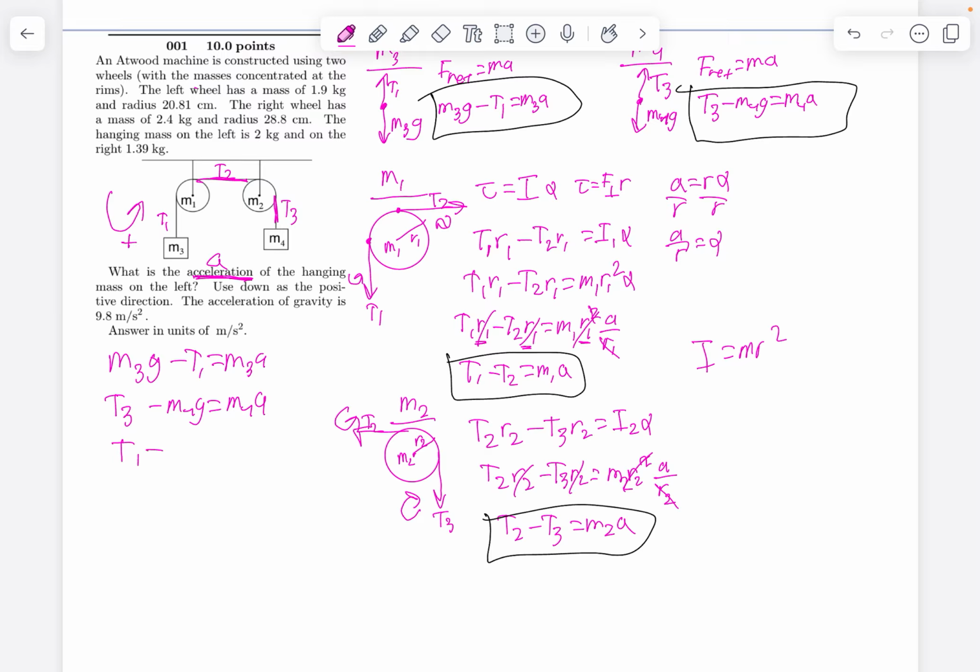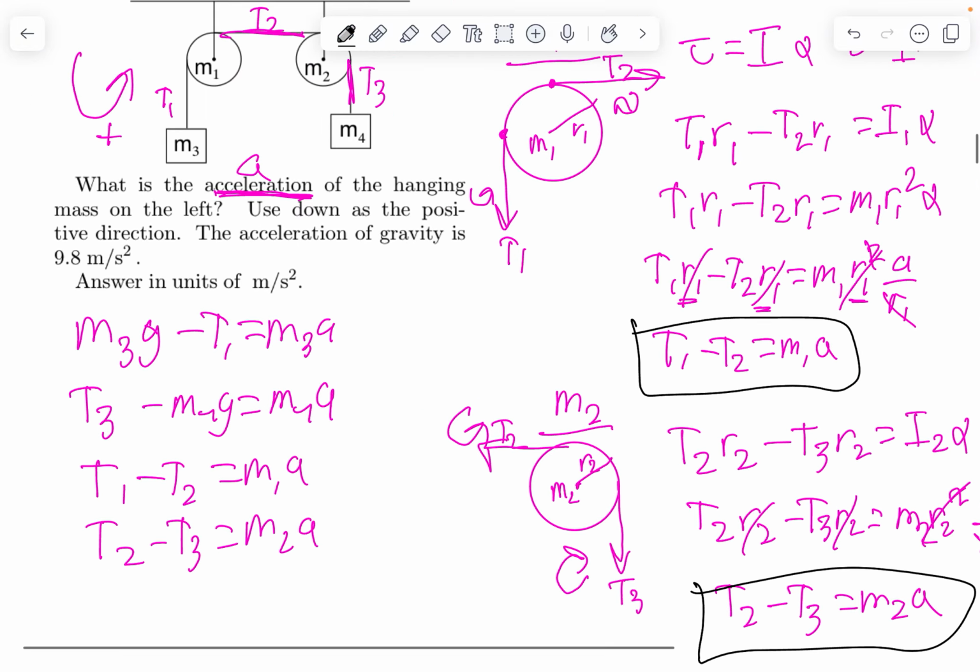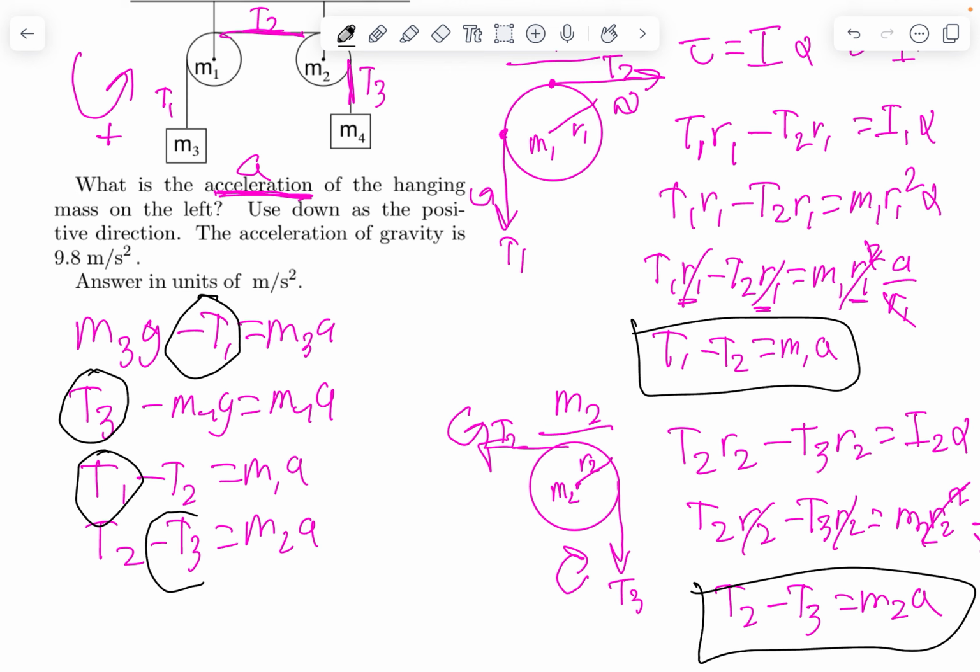And T1 minus T2. So if you look at our 4 equations, I have a negative T1 here, positive T1 here. There is a positive T3 here, negative T3 here, negative T2 here, positive T2 here.